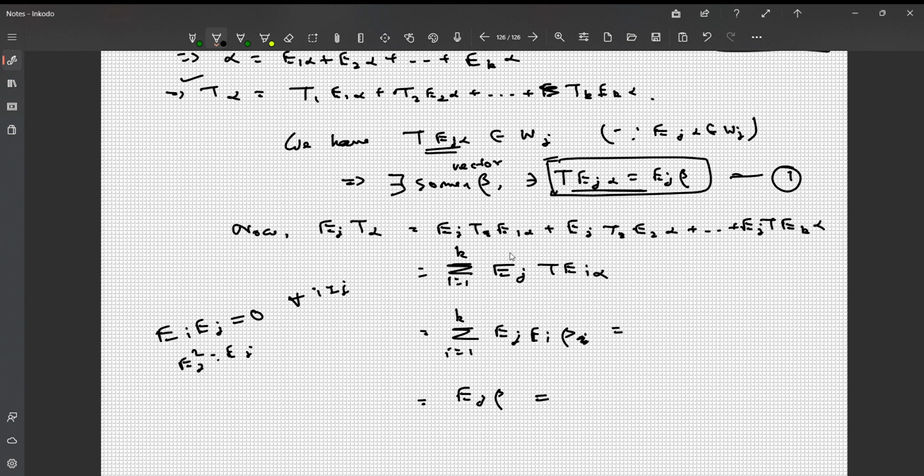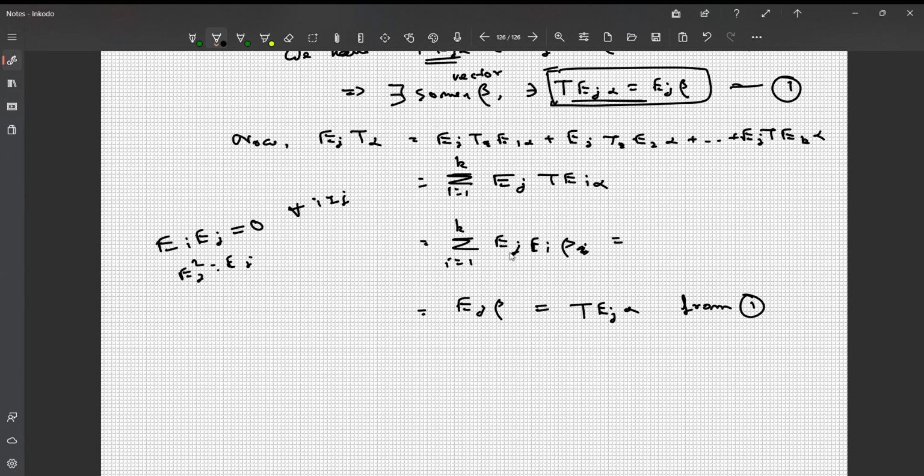Now from 1, we can write this as T of Ej alpha. Therefore, what we conclude is that Ej T alpha is equal to T Ej of alpha for all alphas.